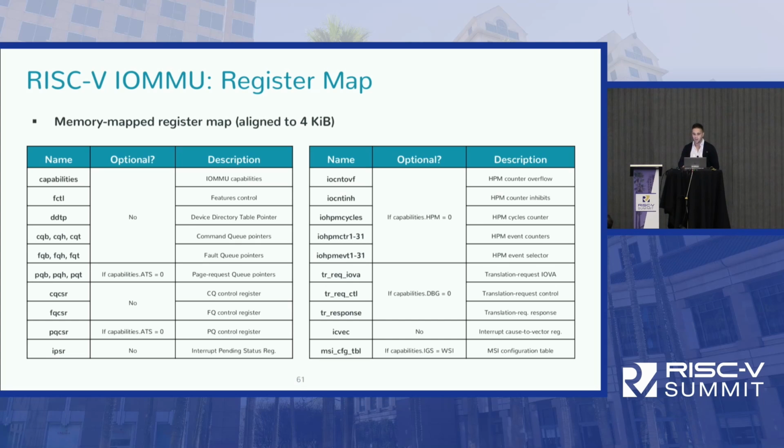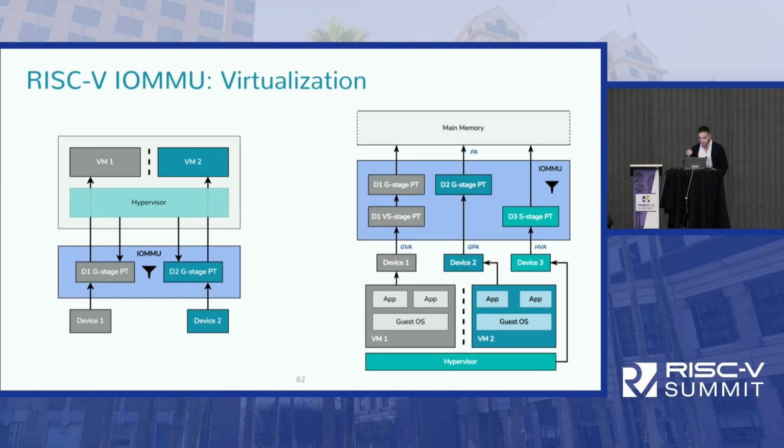It's an interface so that you can then implement all the logic for the queues in terms of the different commands. In terms of virtualization, the IOMMU is flexible enough. On the left side, you have a simple pass-through configuration where one device is assigned to one virtual machine, and it enforces the right protection and the right access to the memory space of the virtual machine.